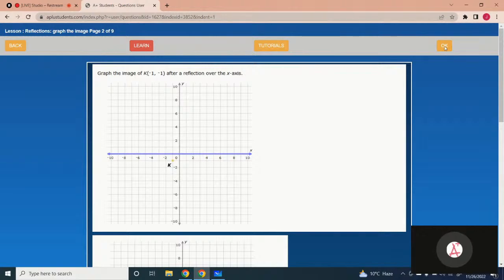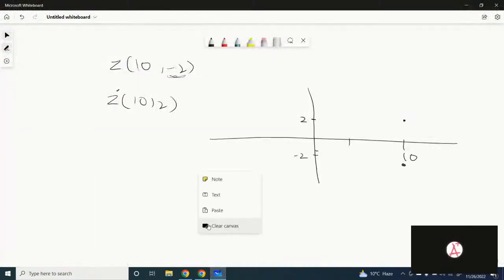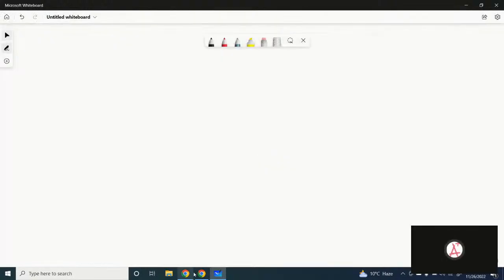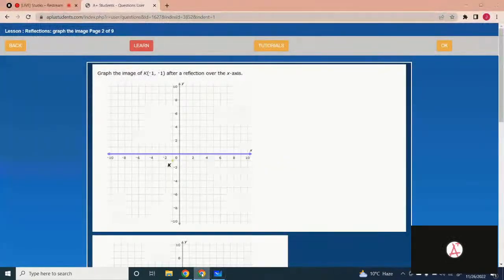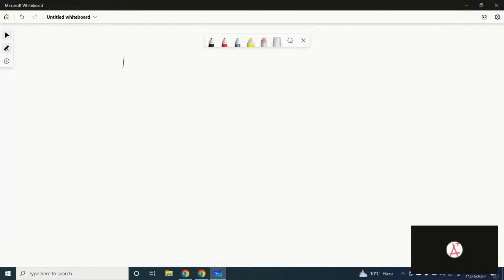Okay, graph the image of K (negative 1, negative 1) after a reflection over the x-axis. X is negative 1, y is negative 1. Here is the point. Got it?